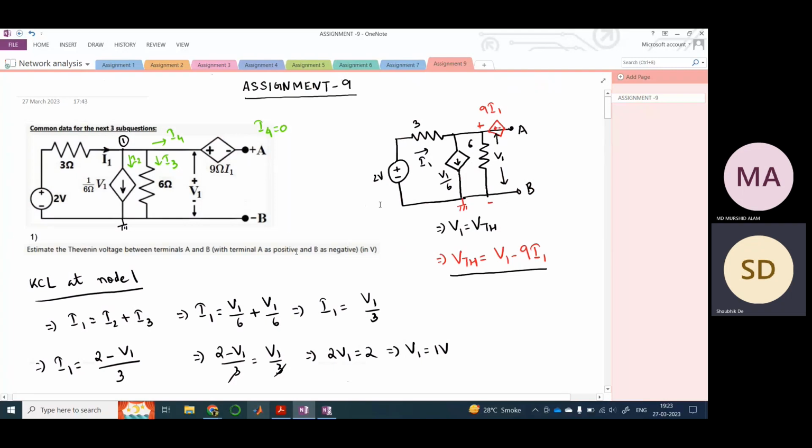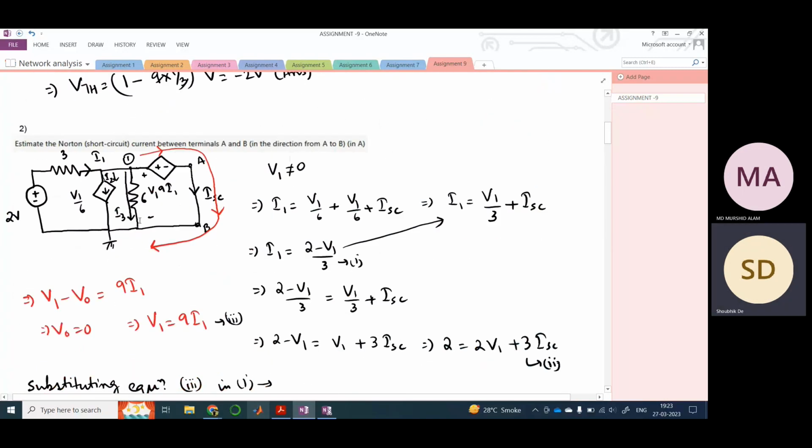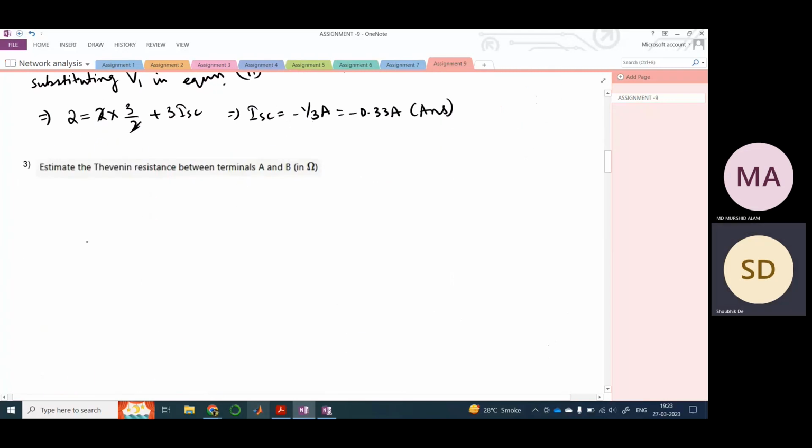For calculating RTH, we know you need to short circuit voltage sources and replace them by their internal impedance, and also open circuit your current sources, right?